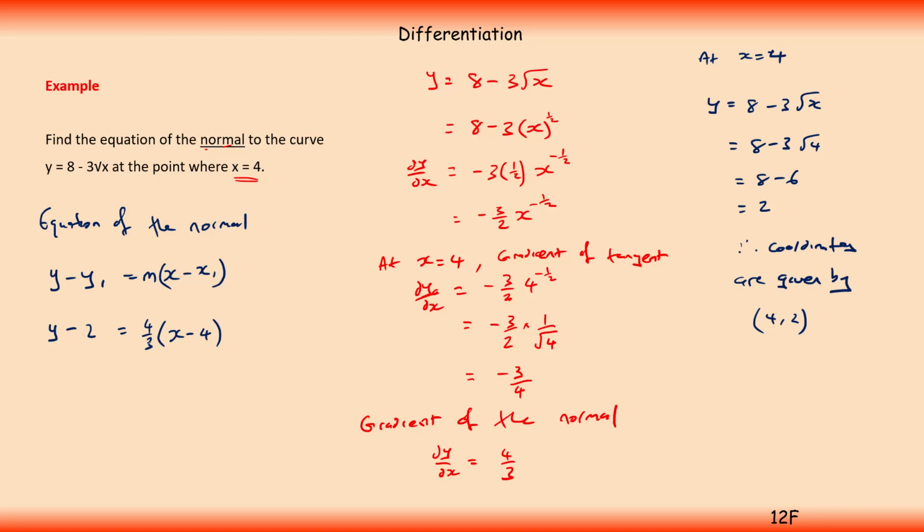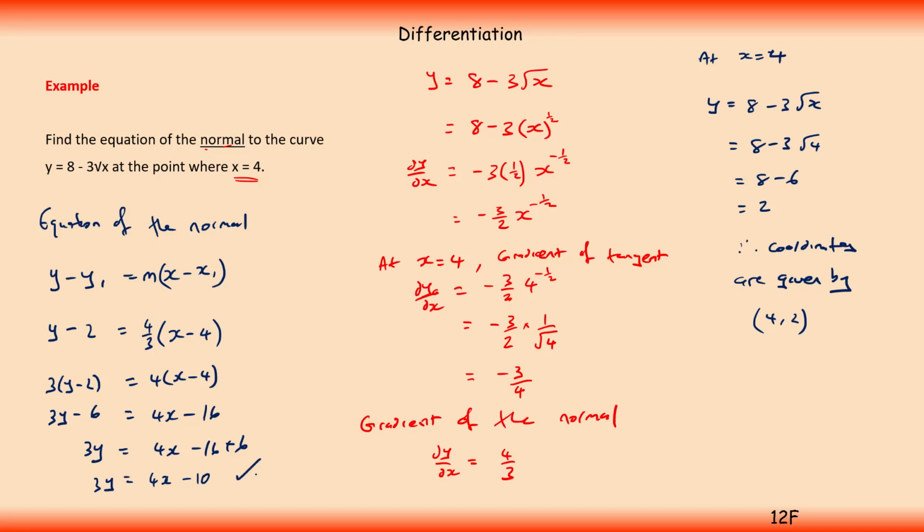Simplify. Well, if we multiply both sides by 3, we get 3 brackets y minus 2 is equal to 4 brackets x minus 4. Expand and simplify. 3y minus 6 is equal to 4x minus 16. So we can say that 3y is equal to 4x minus 16 plus 6, equals 4x minus 10.